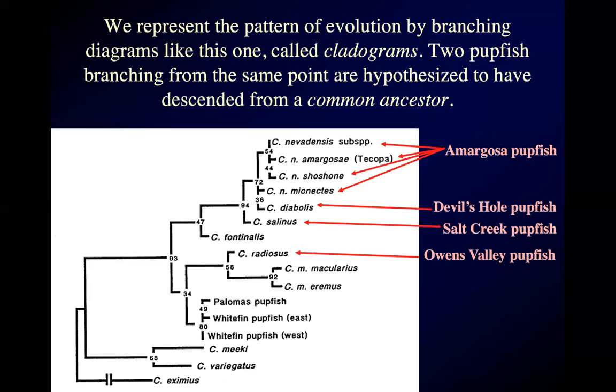Just like my sister and I share a more recent common ancestor than either one of us does with my cousin, and my sister and my cousin and I share a more recent common ancestor than I would with somebody I may not knowingly be related to. Yeah, this is what cladograms are about, common ancestry.